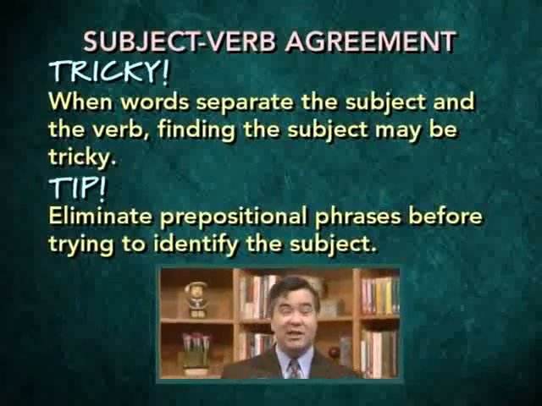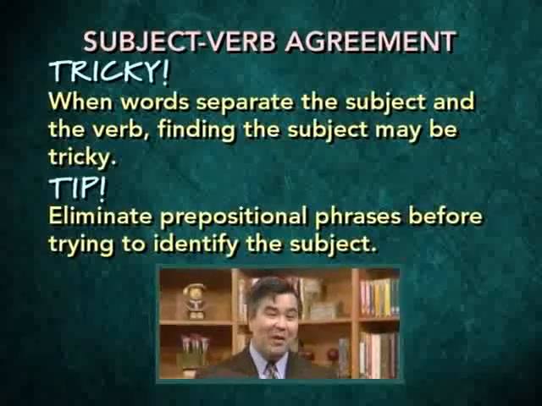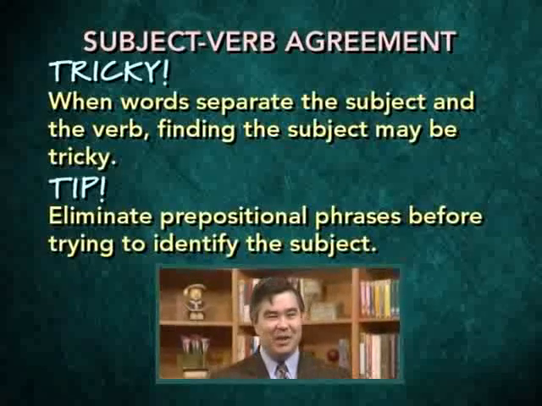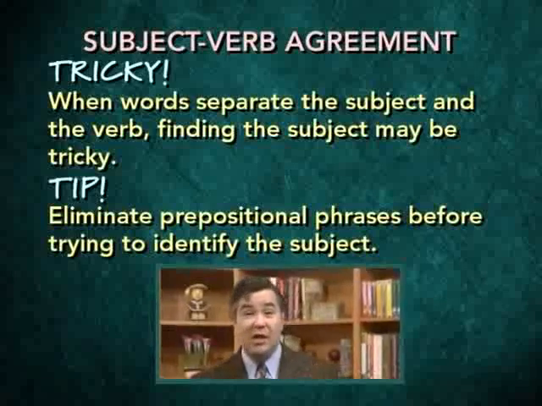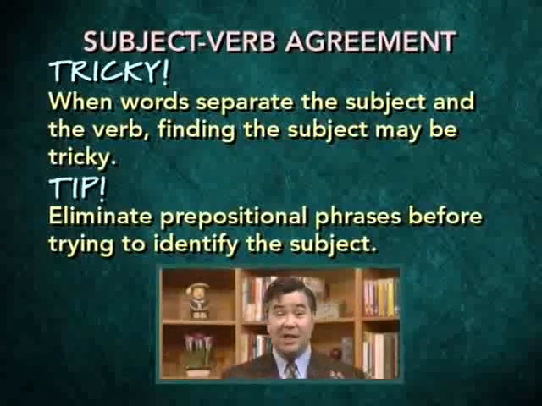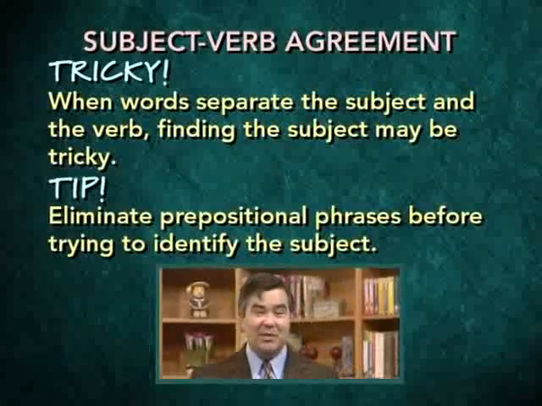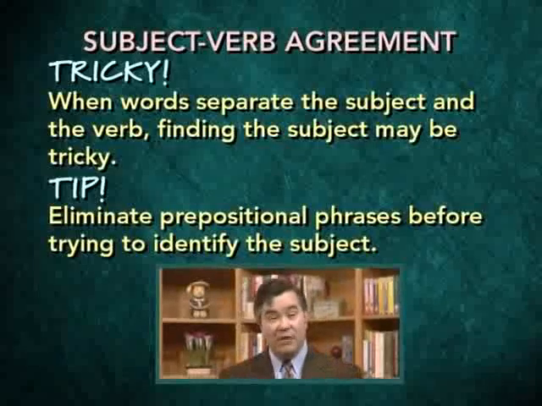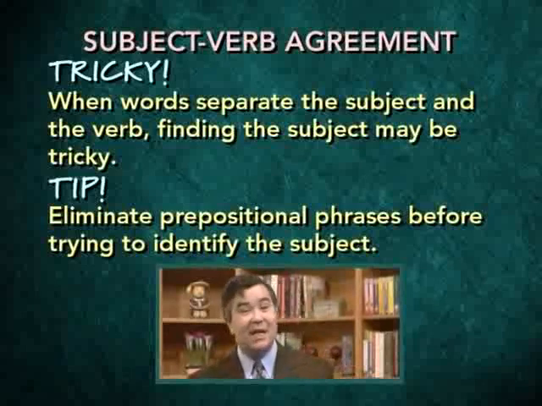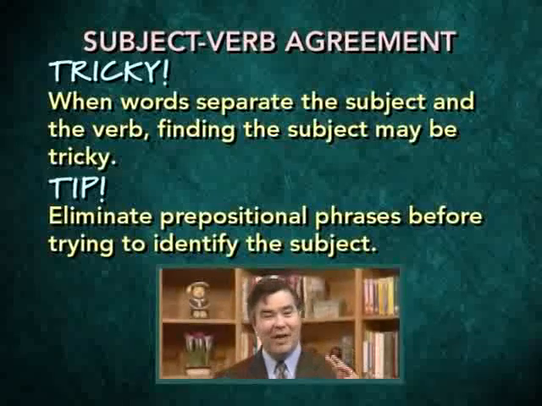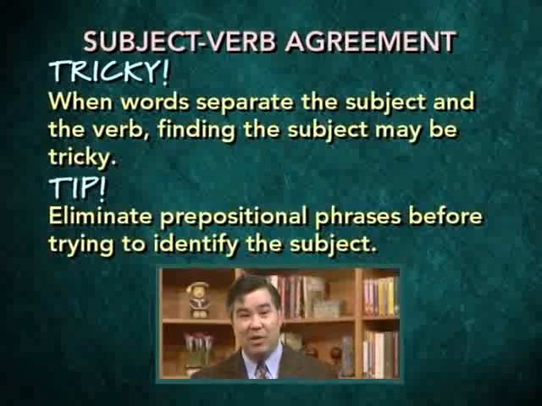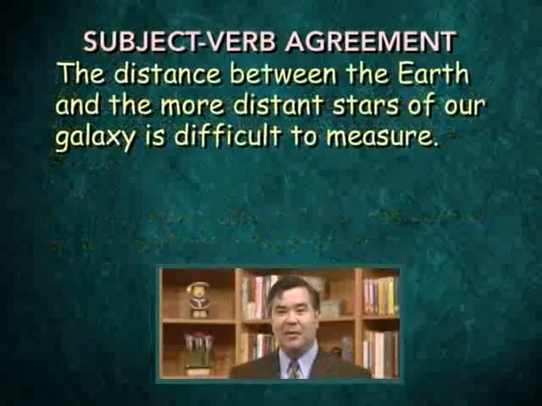Eliminate those prepositions and the words that follow them, and what remains must contain the subject. That's an easy way of eliminating all the words that might distract you from isolating the real subject and therefore confuse you as to how subject-verb agreement should work. If you can eliminate the prepositional phrases, that will help you a lot in zeroing in on the correct subject of the verb. Take a look at this example.